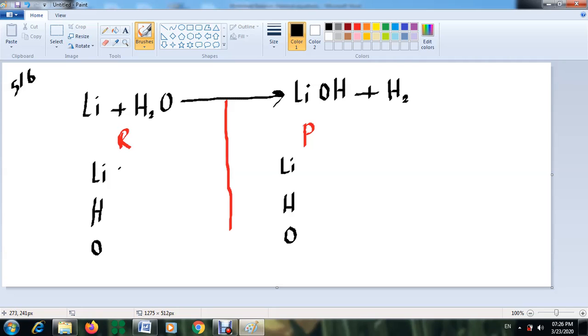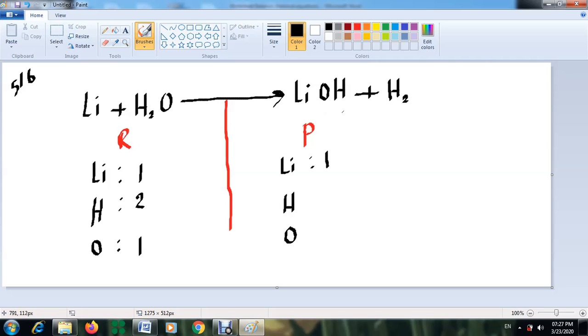Now we want to put number of atoms for each element. For lithium in the reactant, as you see, there is only one lithium atom. How many hydrogen? From the subscript H2O, which means we have two hydrogen atoms. For oxygen, it's only one oxygen atom. In the product, we have only one lithium atom.